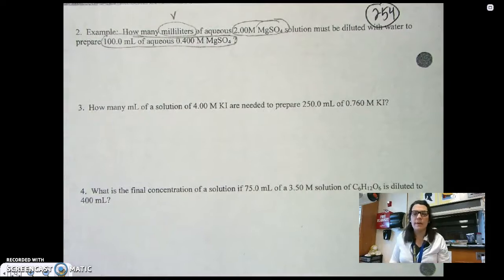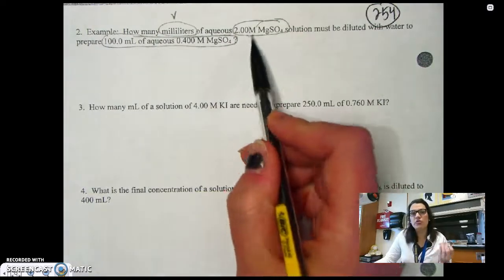Ultimately, what this question is saying is, in my supply closet, I have 2 molar magnesium sulfate, but I want 0.4 molar, and I want 100 milliliters of it.